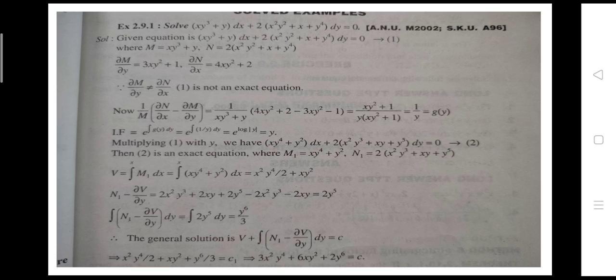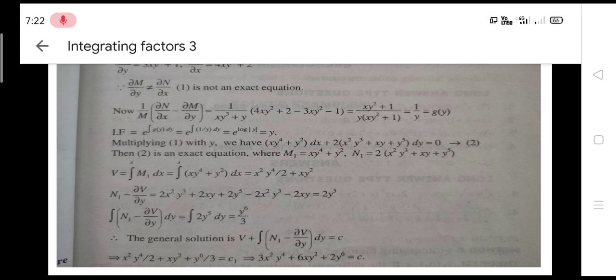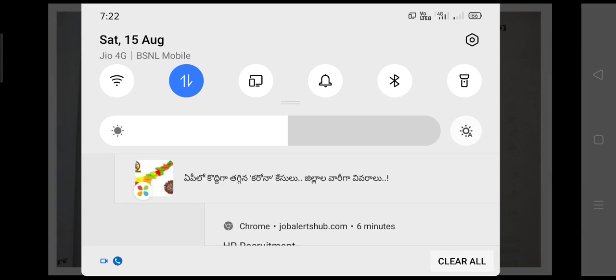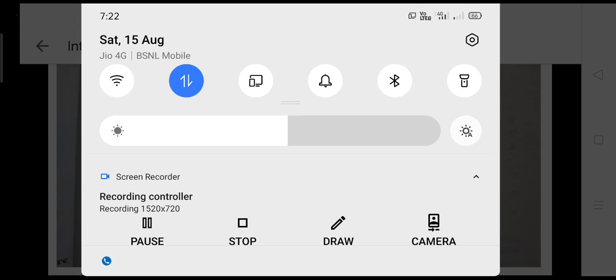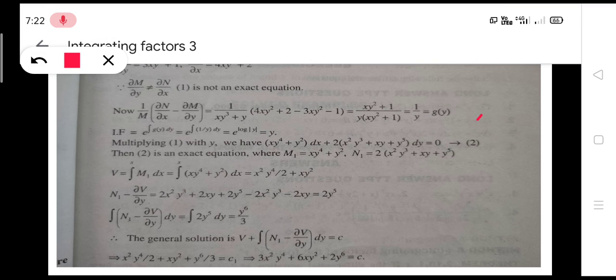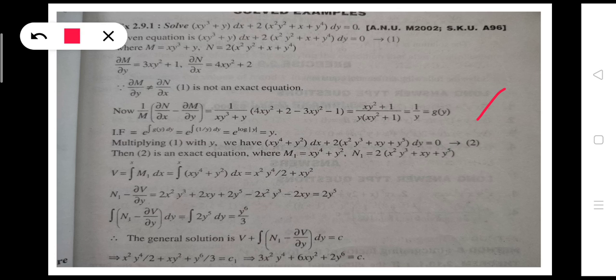Now simplifying, we get (xy^2 + 1)/(y(xy^2 + 1)), which is 1/y, a function of y only. So g(y) is 1/y.